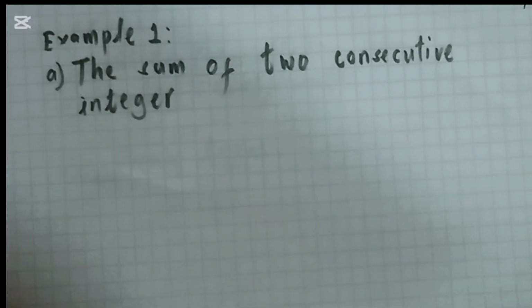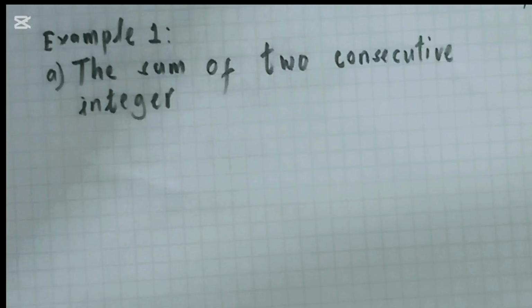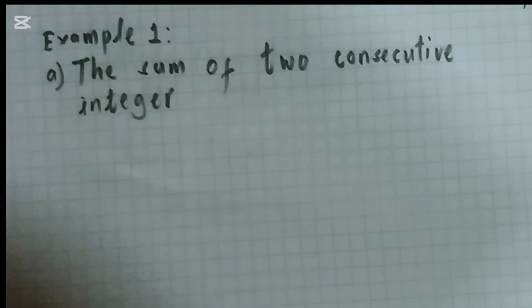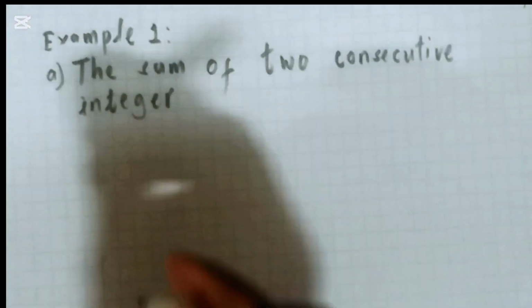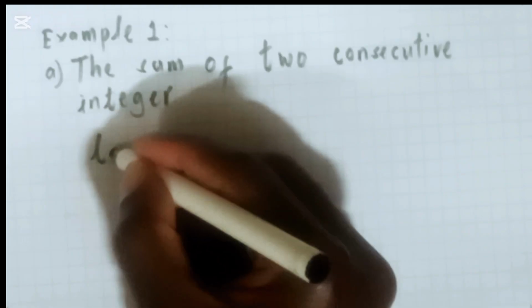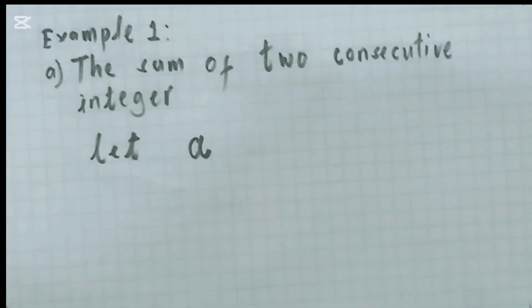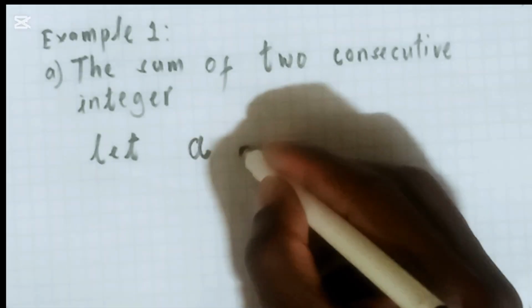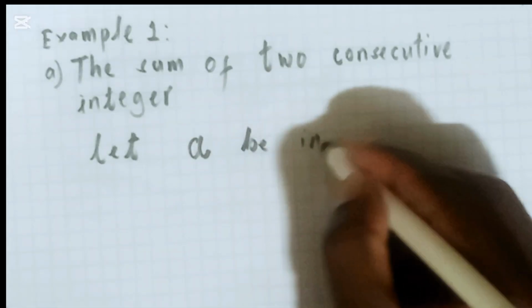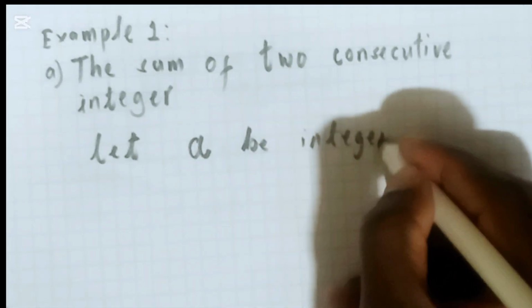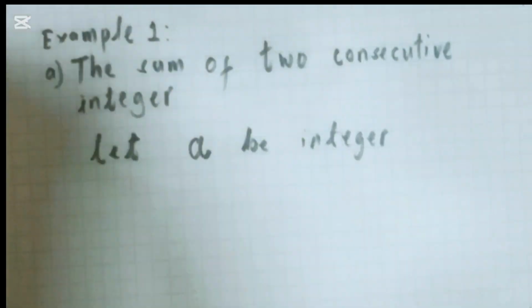So the sum of two consecutive integers has to be an algebraic expression that represents any two consecutive integers across the board. We're going to let A be an integer. It could be 1, it could be 2, it could be 3, whichever integer you want.